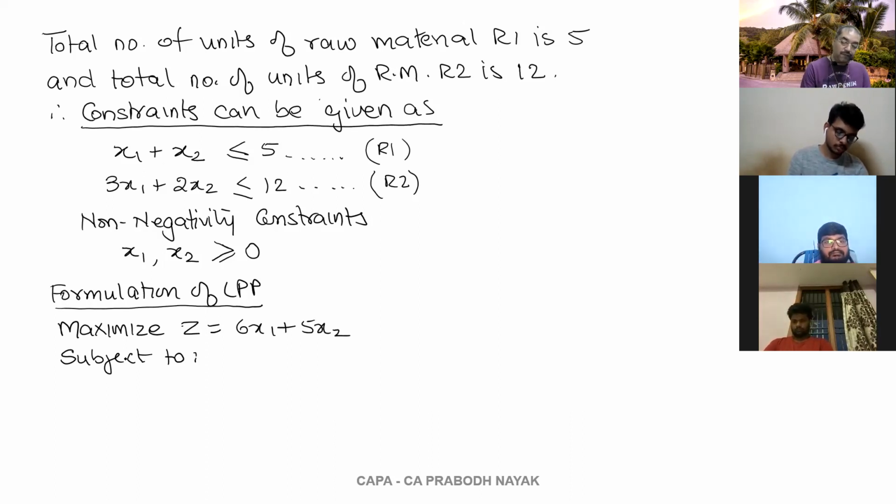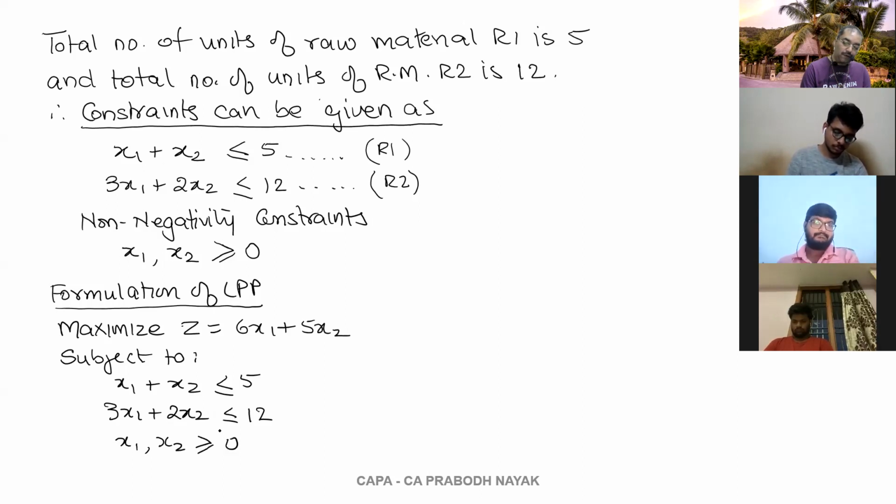And what are the constraints? Subject to x1 plus x2 less than or equal to 5, 3x1 plus 2x2 less than or equal to 12, and x1, x2 greater than or equal to 0.